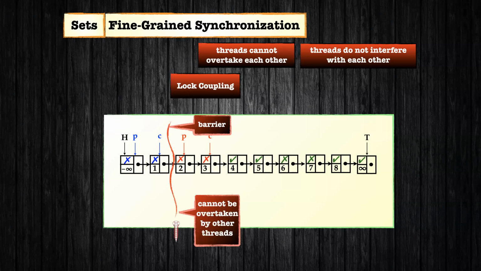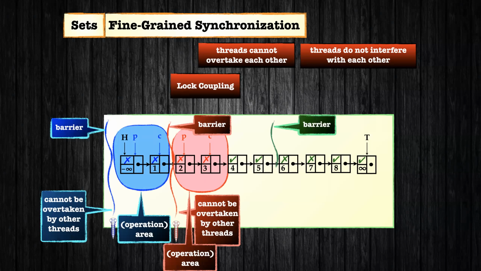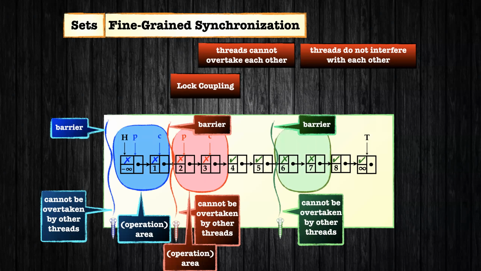Namely, you are operating in a pipeline manner. So this means that, as we saw in the examples that we studied, the threads that are inside the list block subsequent threads from overtaking them.